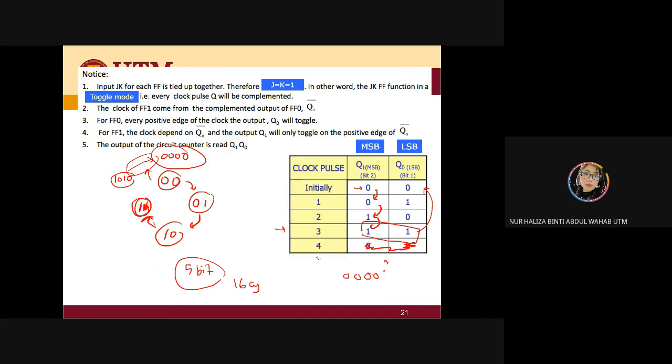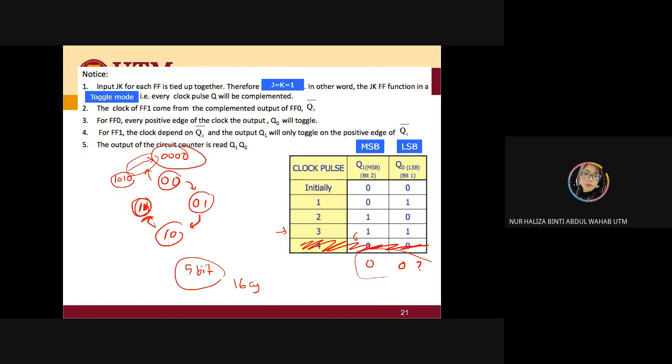If you are only until here, your cycle is until 3. Do you know that after cycle 3, it's going to be 0, 0? This table, as I mentioned, although you know, okay, this is a counter, of course, it's easy for you to predict.